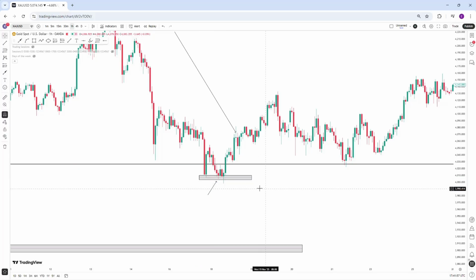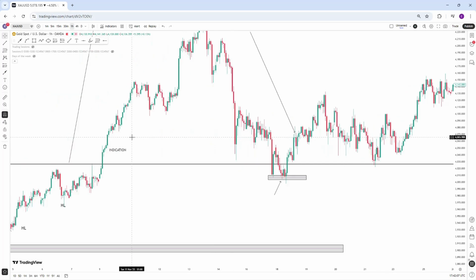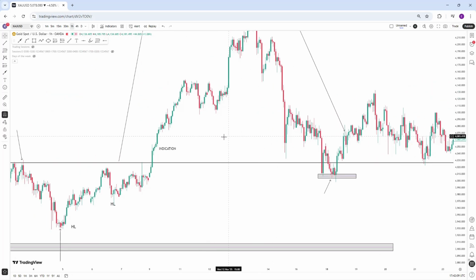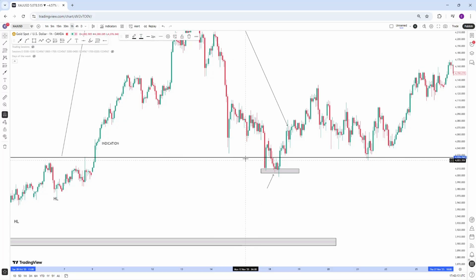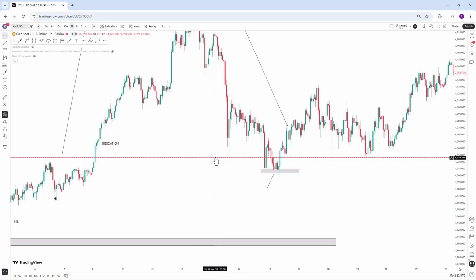So what do we do? We wait for price to come back above this level, which we marked. We make it red. This level, we want price to come above here, so we can enter our buy from here, our long position.